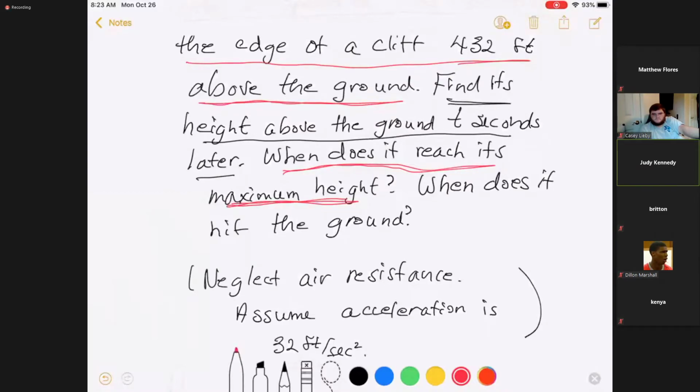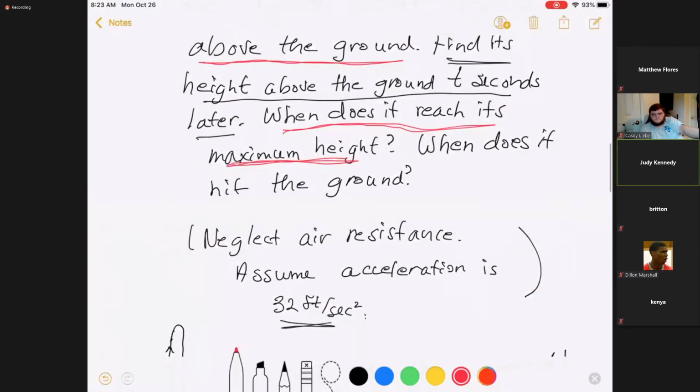The local minimum and local maximum happen at critical points. And in this case, this is over a finite interval of time. The minimum height of the ball is going to be 0, right? That's when it hits the ground. But what's the maximum height?